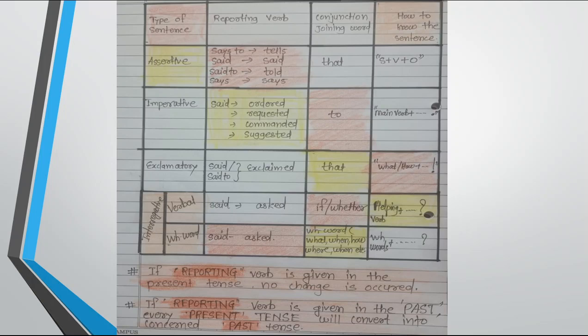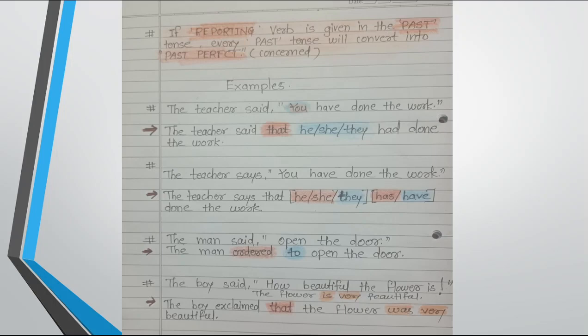Let me explain how the concerned past tense occurs. Simple present will convert into simple past. Present continuous will convert into past continuous. Present perfect will convert into past perfect. So the reported sentence tense will convert into the concerned past tense.